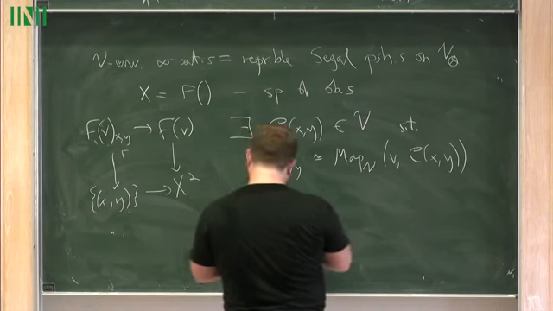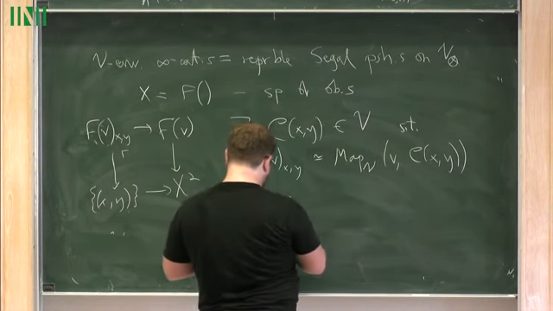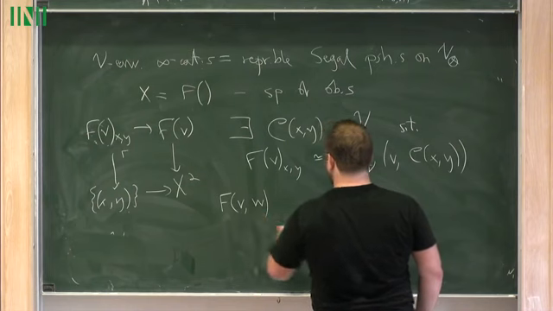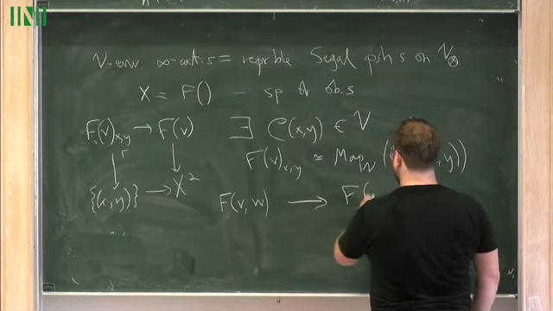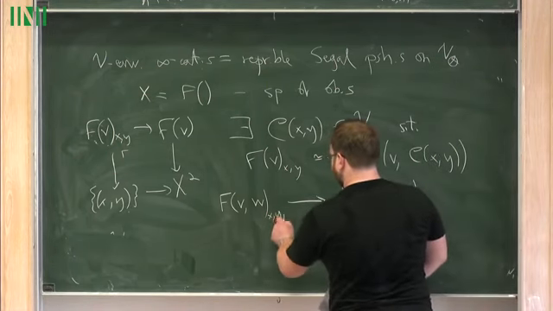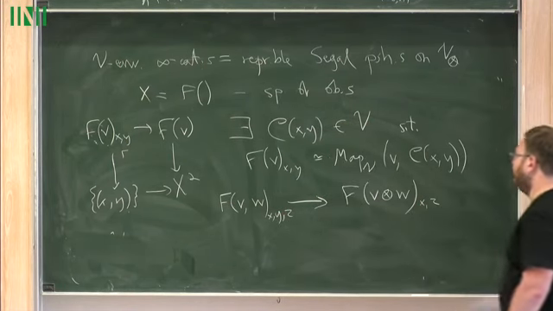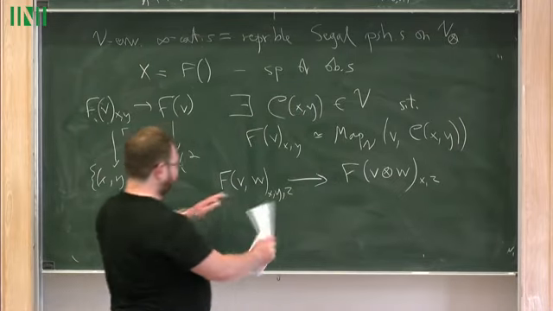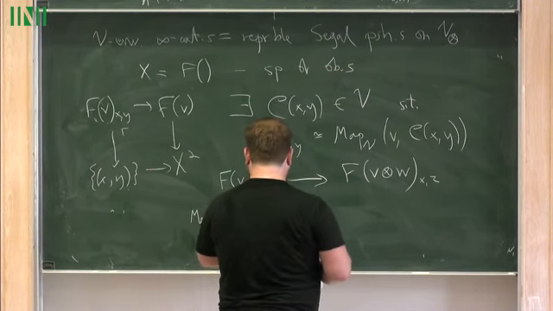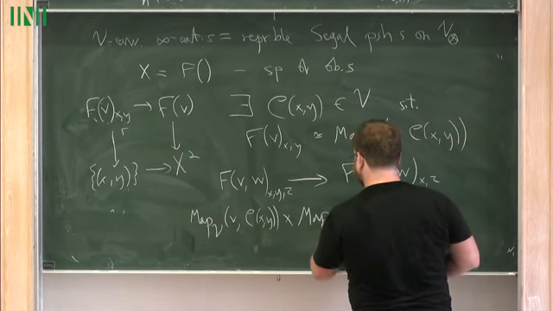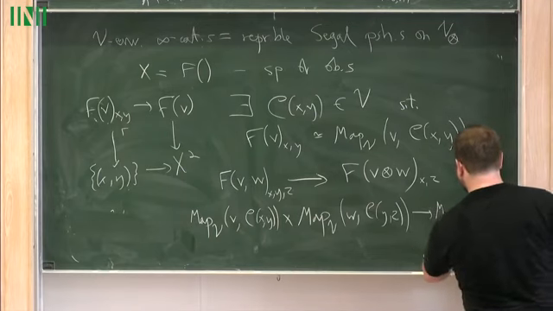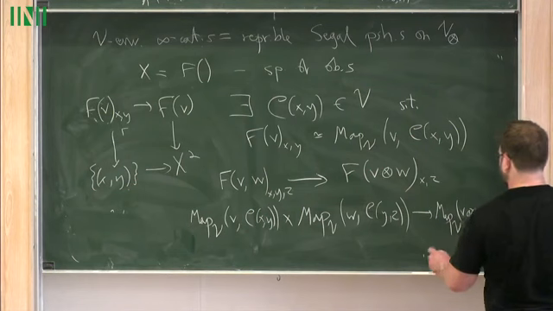For example, we have a map from F of (V, W), a map that lives over Delta^1, to F of V tensor W. If we look at what that does in fibers, over X, Y, Z and over X, Z, then the Segal condition and the representability tell us that this map goes from maps in V from v to C(X,Y), cross maps in V from w to C(Y,Z), to maps from v tensor w to C(X,Z).